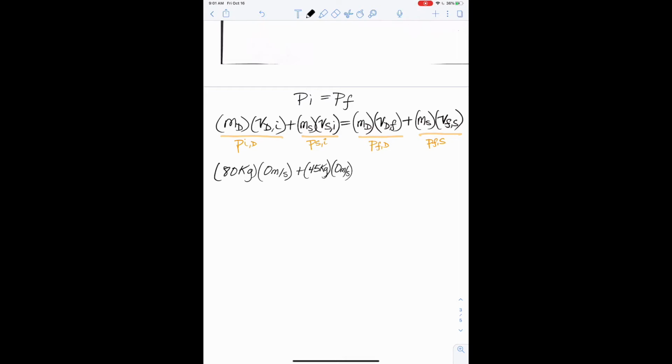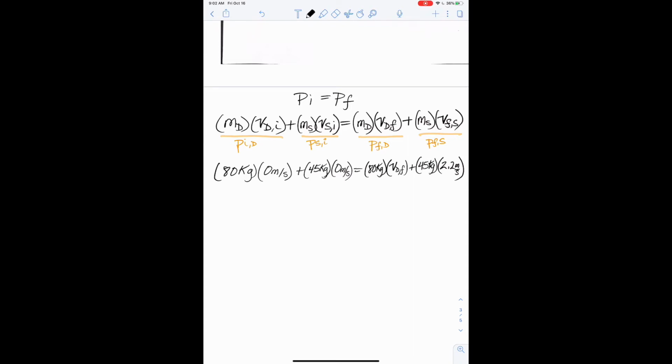So yes, the whole left side is going to equal 0. I realize that, but I just wanted to write it out and show you. The mass of David is 80 kilograms. We do not know David's final velocity, so we're going to solve for this. And we're going to add it to the mass of Sandra times her final velocity, which is 2.2 meters per second.